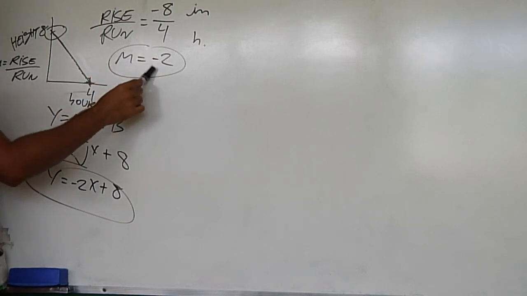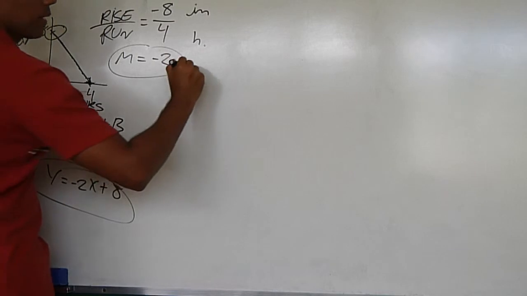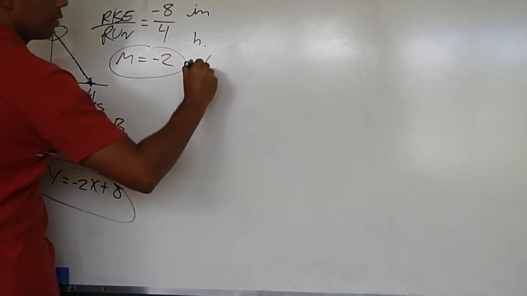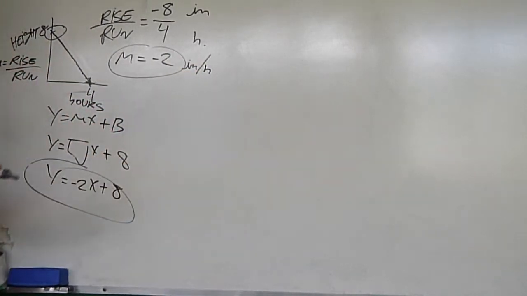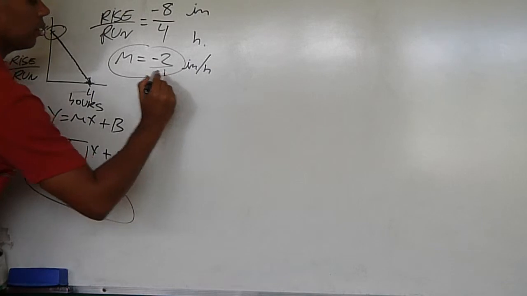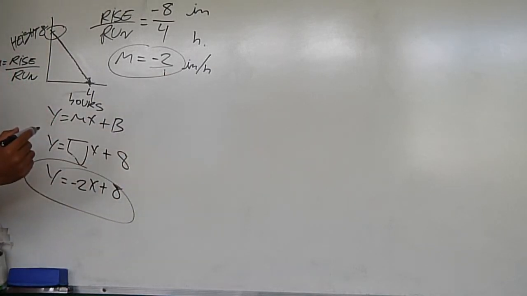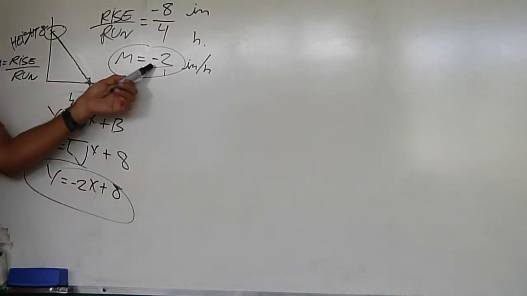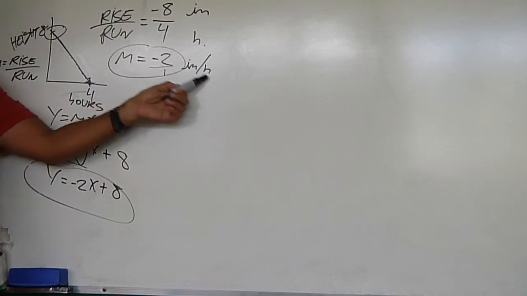This is the same thing as minus 2. So this is minus 2 inches per hour. 8 inches in 4 hours, this would be 2 inches in 1 hour. So this rate is 2 inches per hour.